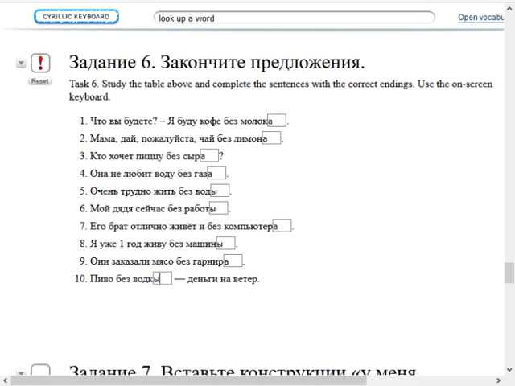And once again, not surprisingly, I appear to have made a mistake. So let's see, what did I get wrong here? So молока is correct, лимона is correct, сыра is correct, газа is correct, воды is correct, работы is correct, компьютера is correct, машины is correct, гарнира is correct, and then right here at the end, that should be водки.